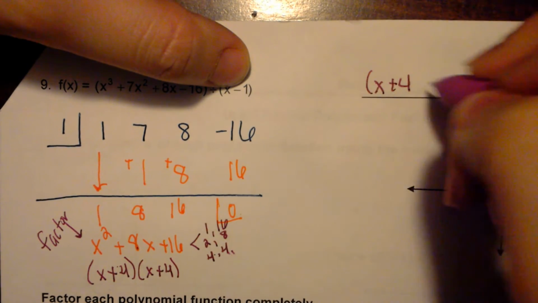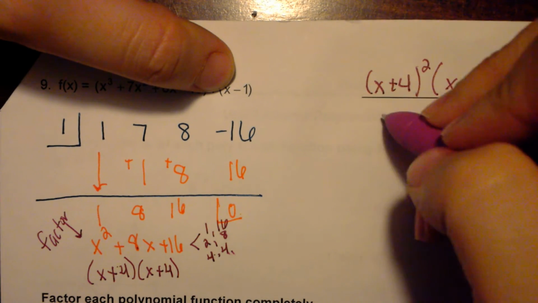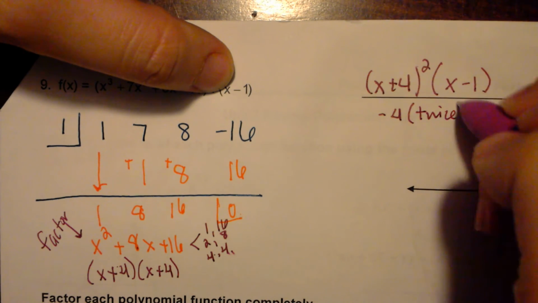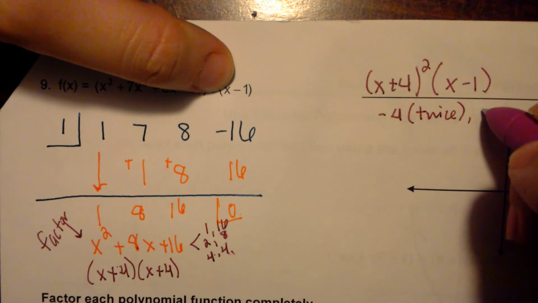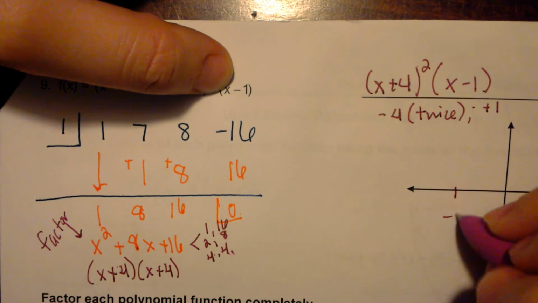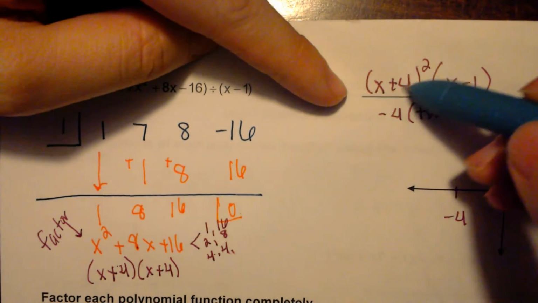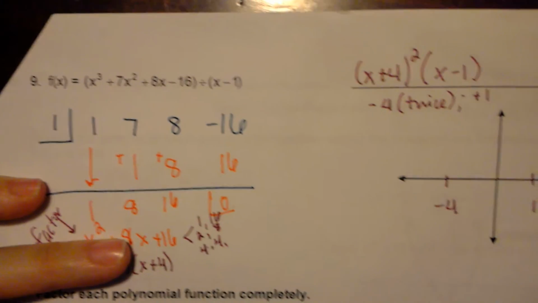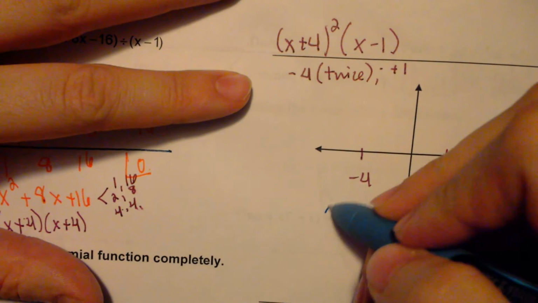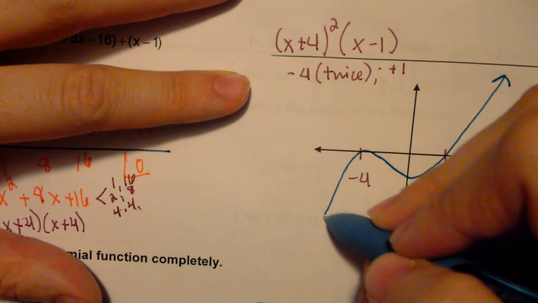There's 2 of them, so it's squared. Then x minus 1. So it's a negative 4 twice, and positive 1. So if you type this into the calculator, you would see that it starts out below, it bounces off negative 4, then it crosses at 1.